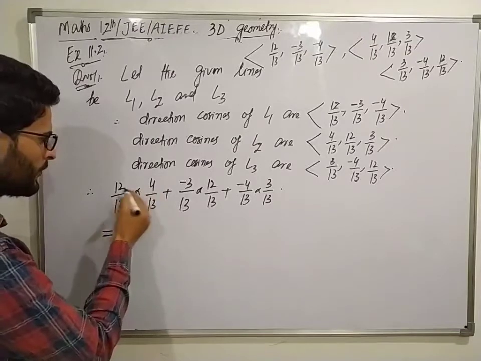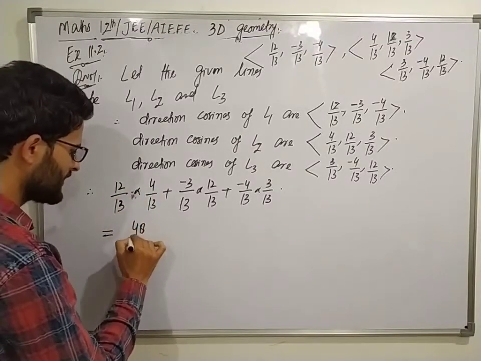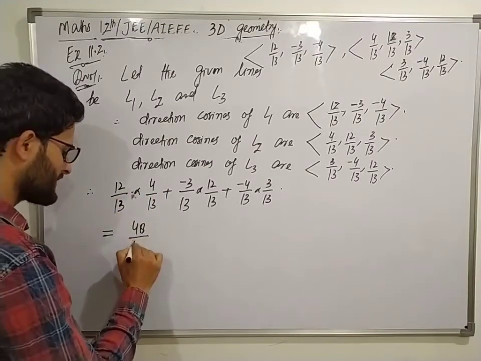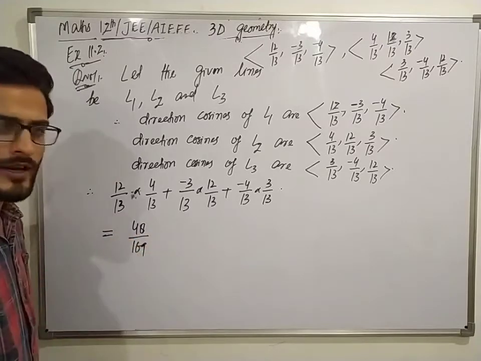That equals 4 12s are 48 divided by 13 into 13, that's 169, right?